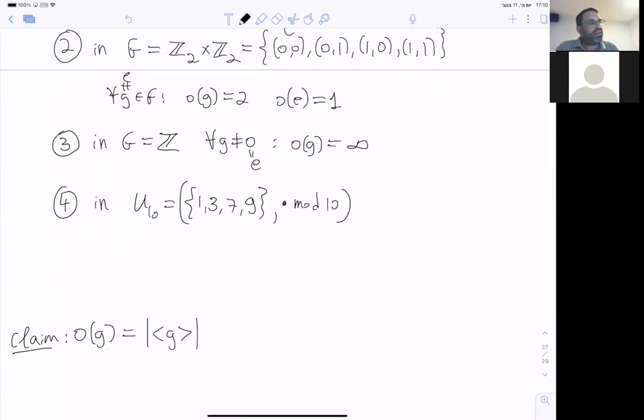Because this is the number of distinct powers until the loop. I mean, until it gets back to the identity. This is g to the 0, g, g squared, until g to the order of g minus 1. So this is always true.